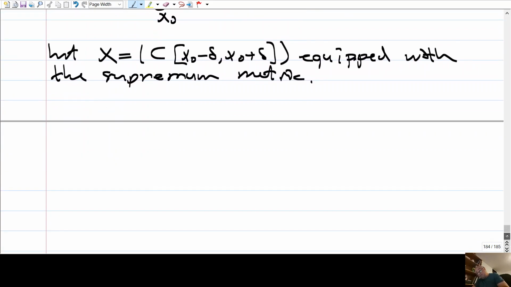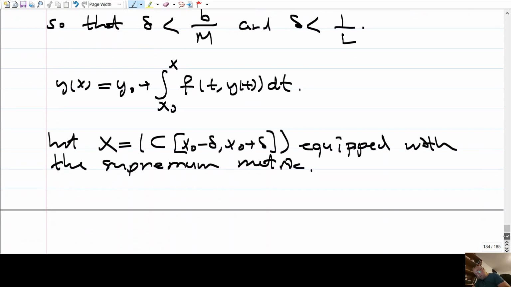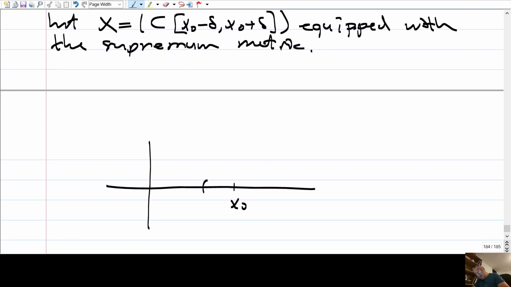Here is x0. I'll go up to delta units, and my functions are defined on this interval. But I take actually the closed interval.